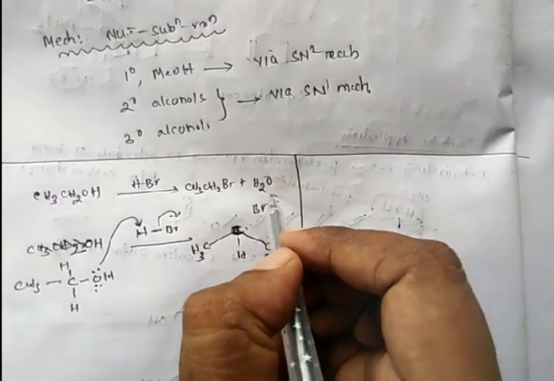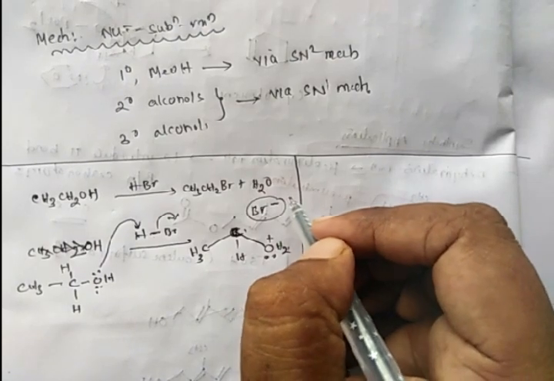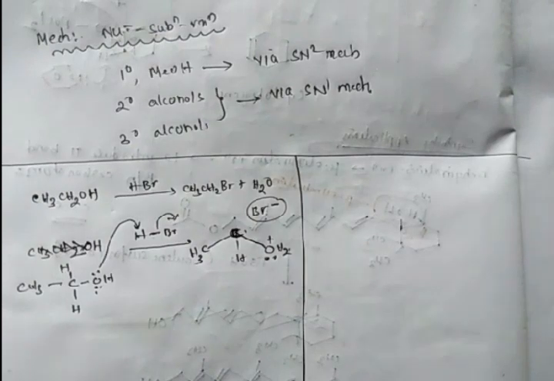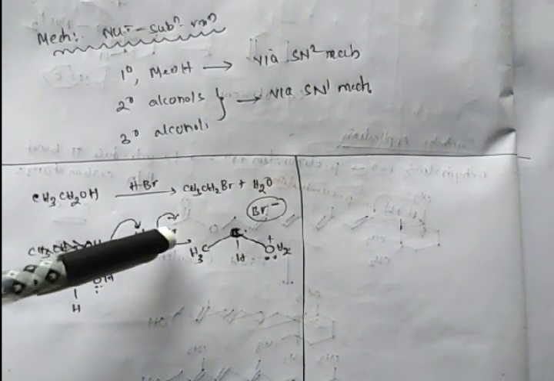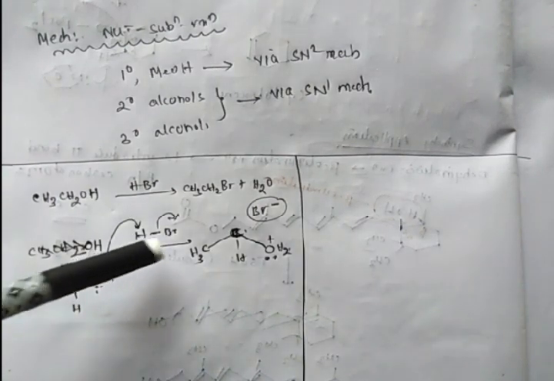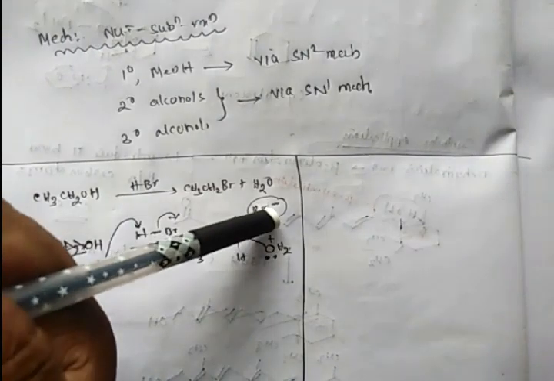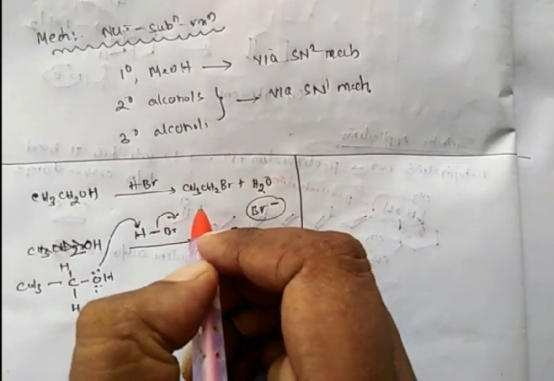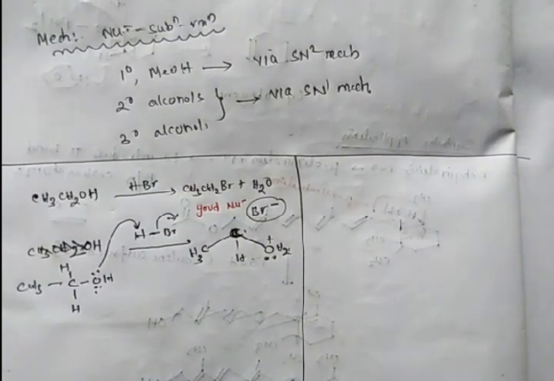Bromine is a very good nucleophile. In this step, the alcohol attacks the hydrogen bromide, takes hydrogen and leaves the bromine with a negative charge. This bromide ion is a very good nucleophile.